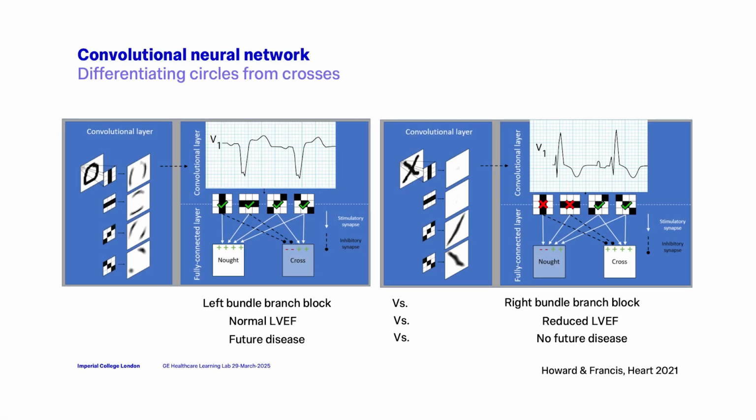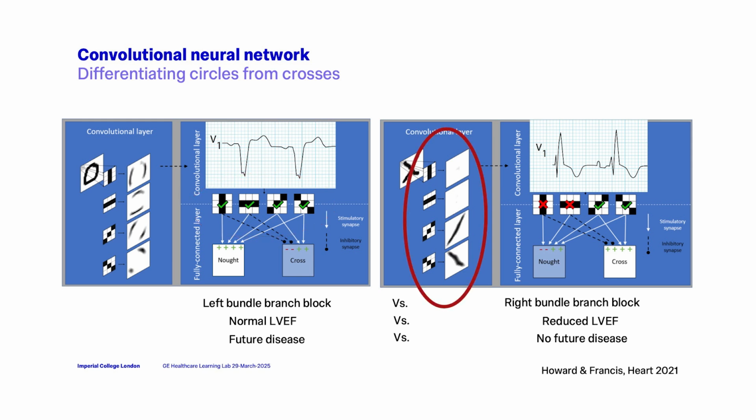And what it does, these CNNs break down the image into small constituent parts by sliding kernels across the image. So in this example, it's broken down the image into horizontal, vertical, and diagonal lines. And without the human telling it any more information, except for knowing which are crosses and circles, over multiple rounds of training it will learn by itself that if it sees horizontal, vertical, and diagonal lines, that's going to be a circle.